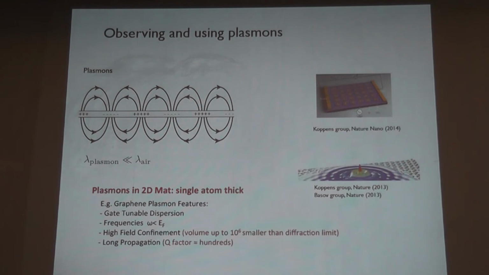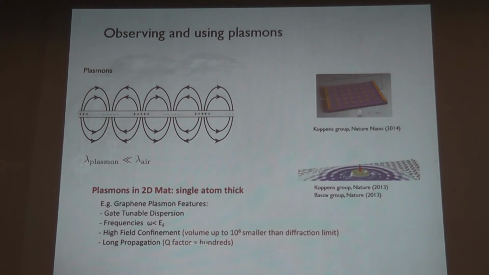And that's a great dream, and there are a lot of groups pushing this agenda in, say, graphene, for example. The reason graphene could be quite useful for this is that you get a tunable graphene plasmon dispersion. You still get high field confinement, so the electric field is really concentrated, with really small mode volumes. And as a result, you can do lots of nonlinear things with it because there's a large electric field.